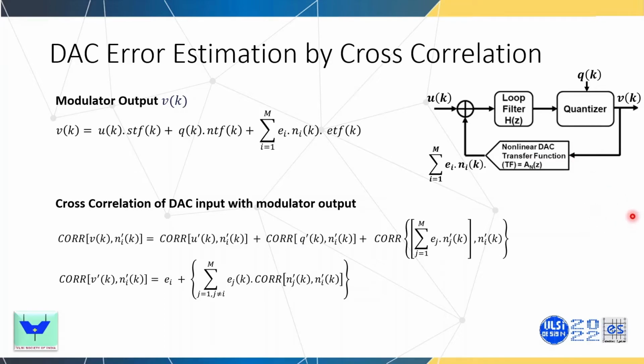So we generate a NIK here, and we emulate this path, and we do a cross correlation function, and we see that by using a high pass filter we get rid of the signal here, so this becomes 0. The cross correlation between the quantization noise and this is also 0, and this is the only term that is left, and we use this to estimate the DAC mismatch error of its elements.